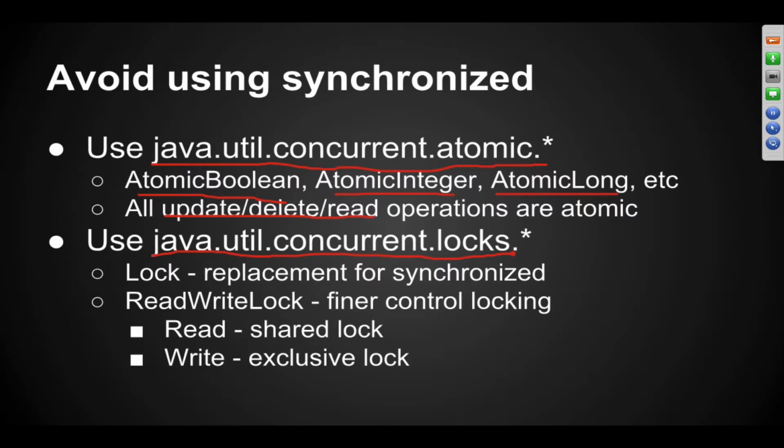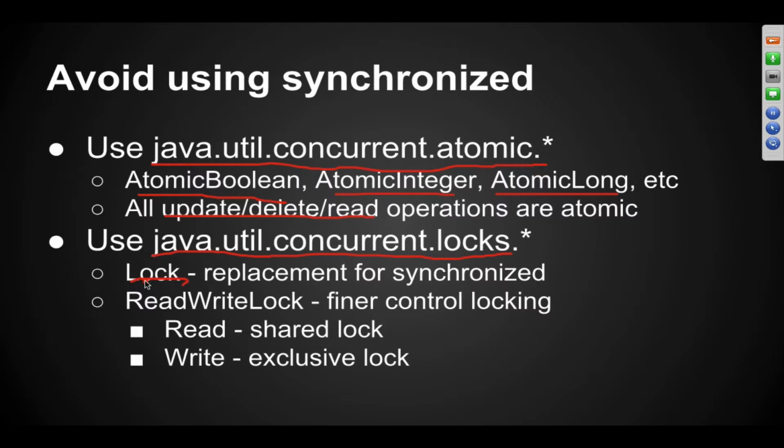Now, the java.util.concurrent library also has a package called java.util.concurrent.locks. It provides a replacement for the synchronized keyword by providing data structures for locking. So it provides a lock mechanism, which is going to be a replacement for synchronized, and this lock is a mutually exclusive lock.